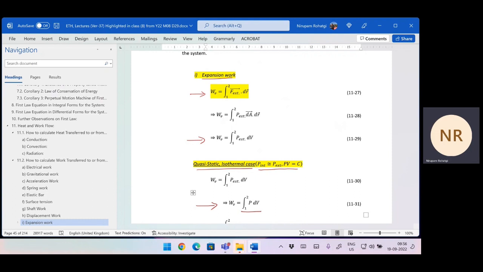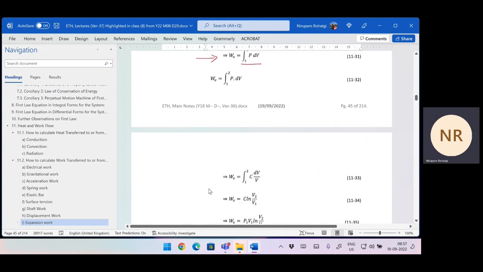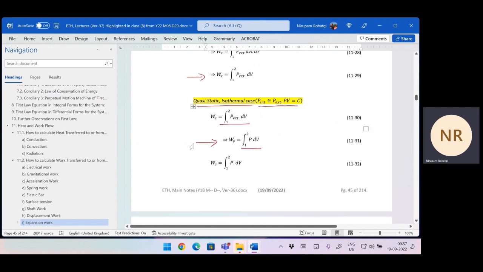If the process is not quasi-static, if the process is abrupt, if the outside pressure is significantly higher or lower, then this equation will be used, not the other one. So this is what you have to take care of.